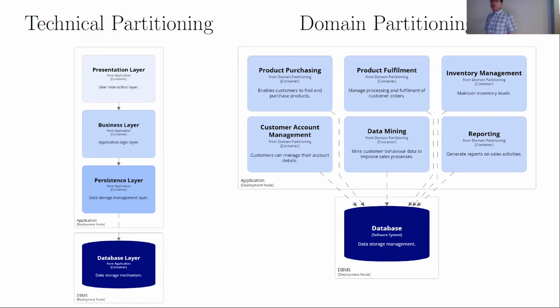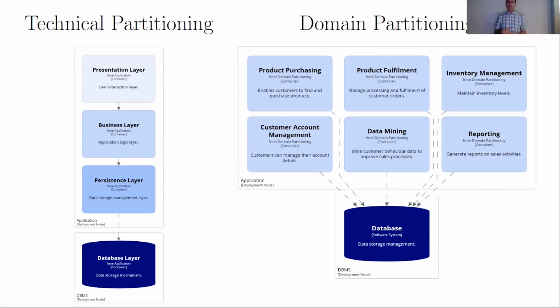An alternative approach is what we call domain partitioning. And so domain partitioning is then we split the architecture based on things of interest in the problem area. So we commonly talk about the problem domain, and we identify what are the big things of interest in the problem domain and design our architecture around those problem areas or domains.